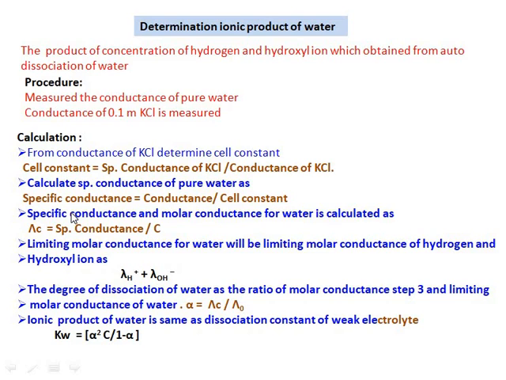Then the molar conductance for water can be calculated by using the formula lambda C equals specific conductance upon concentration, where C is the concentration, equivalent or molar, like 0.1, 0.2, 0.3 molar solutions.